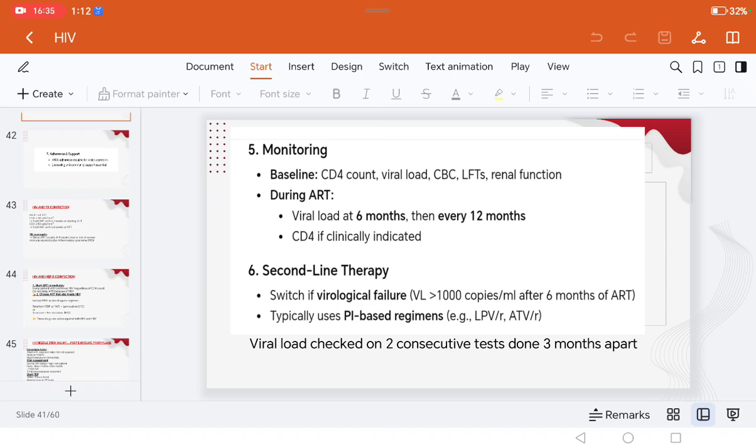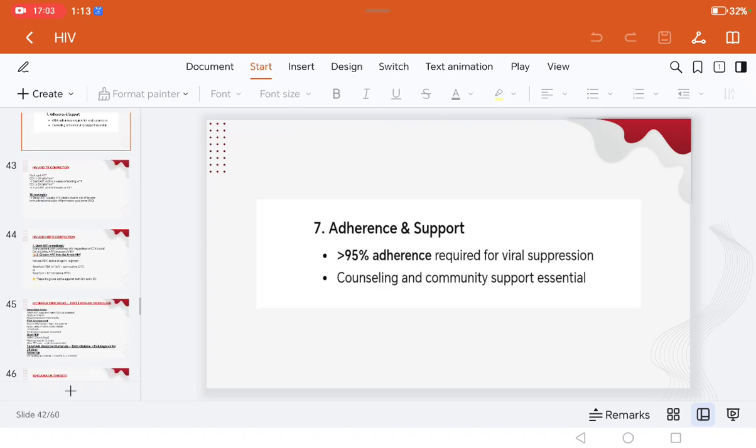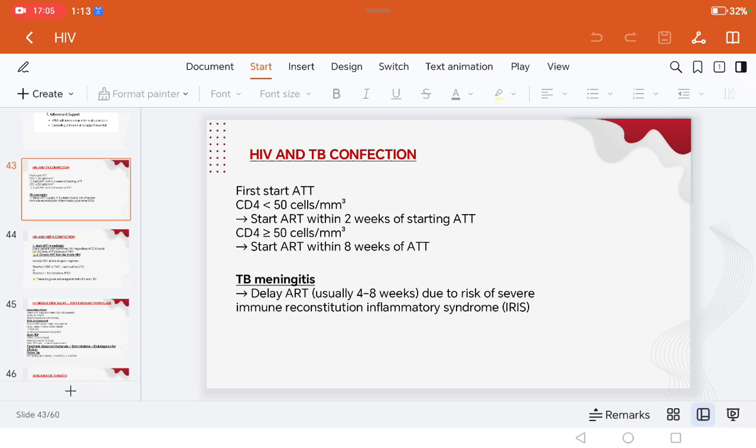If the patient is started on ART and the viral load is checked on two consecutive tests done 3 months apart, and there is virological failure, that is, the viral copies are more than 1,000 copies per ml after 6 months, then second-line regimens, PI-based regimens, are introduced. Adherence and support is very important. More than 95% adherence is required for viral suppression, and counseling and community support is equally essential.